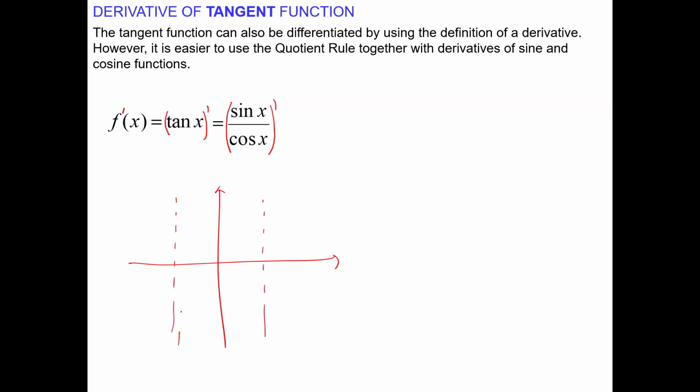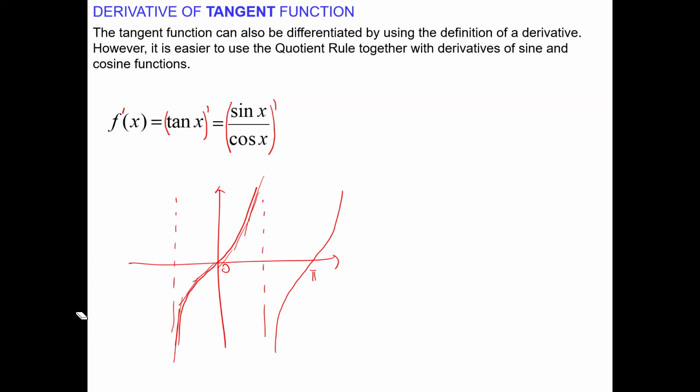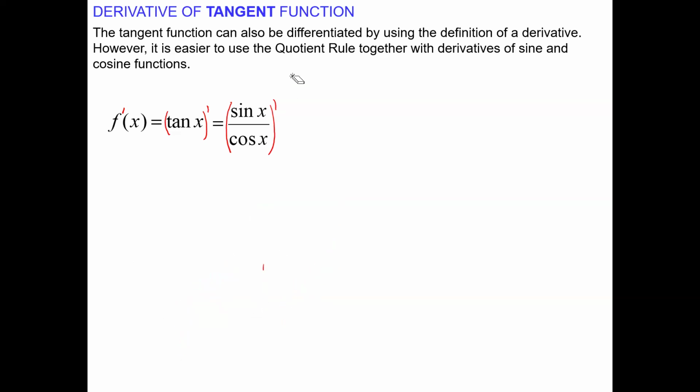Everybody knows the graph, looks like this, and then it's repeating every pi. And if we think about the tangent, it's really, really steep. The function is increasing, that means everything will be positive, but I don't think we can really get the values like for sine and cosine. That's what we can do. You probably see the instruction. Let's use the quotient rule. We know the quotient rule.